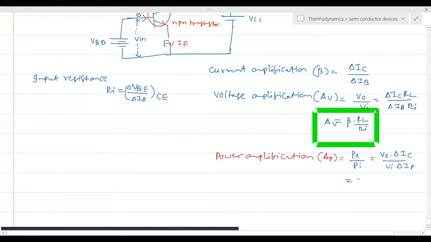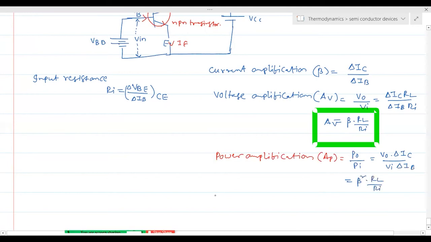So finally, it is going to be beta square into RL by Ri. Generally, beta has a value that ranges from 20 to 500. So clearly it is visible to us that the output is more, the amplification is more, because we are increasing the signal from 20 to 500 times.